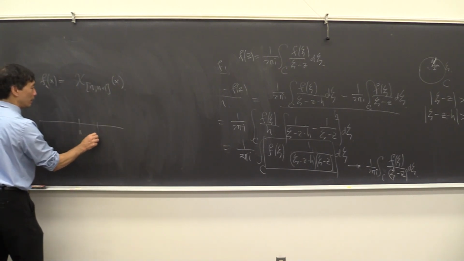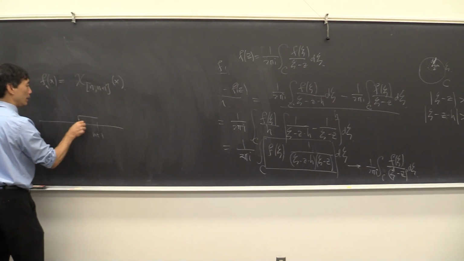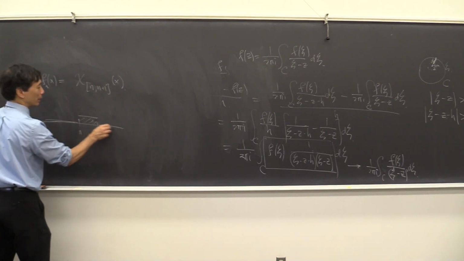It says, well, I'm going to give you a value of 1 on that interval, and I'm going to be 0 elsewhere.